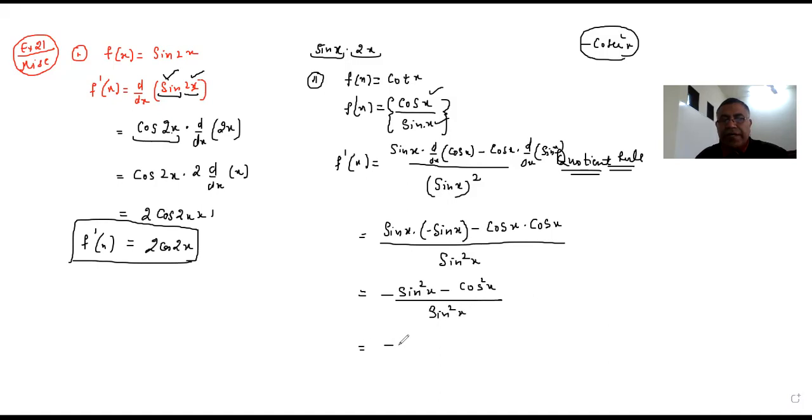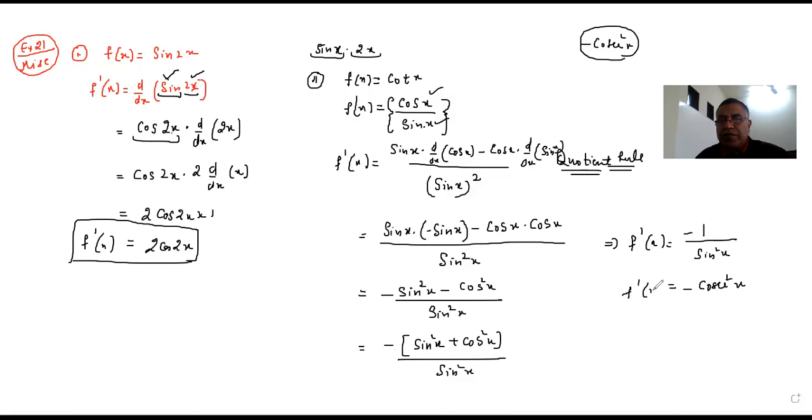So can you take negative outside? This is minus (sin square x plus cos square x) upon sin square x. So which implies my f dash x is equal to minus (sin square x plus cos square x). This is 1 upon sin square x. So 1 over sin square x, this is minus cosecant square x. So this is f dash x.